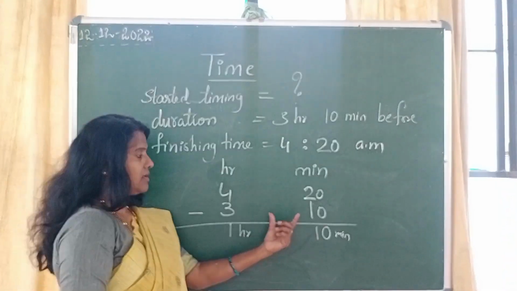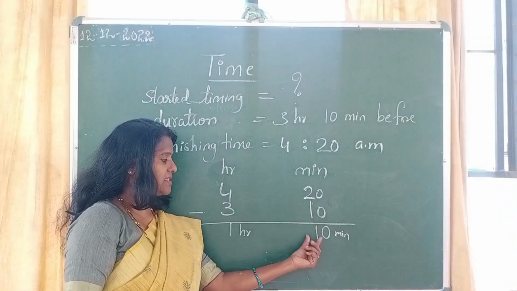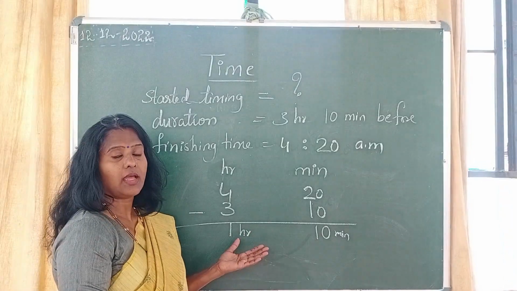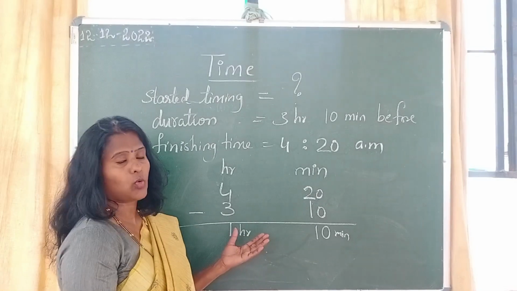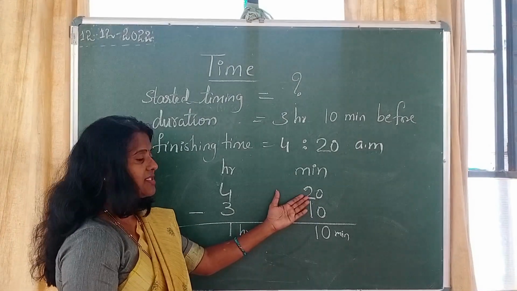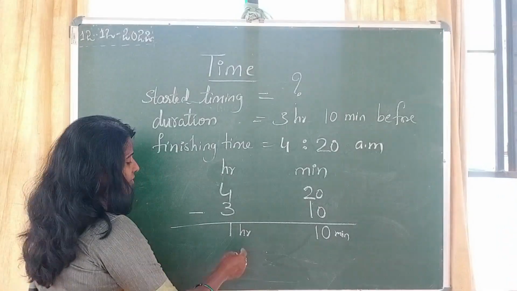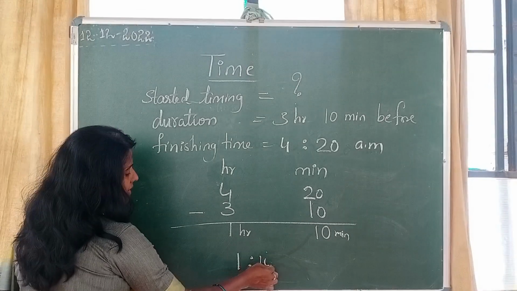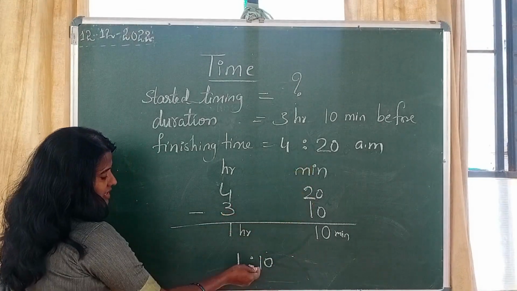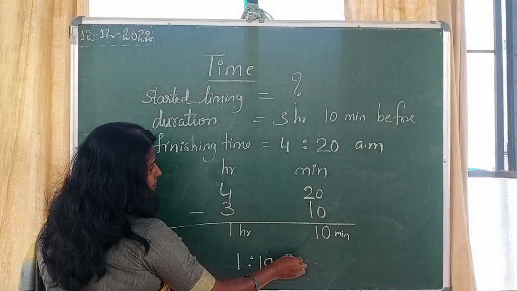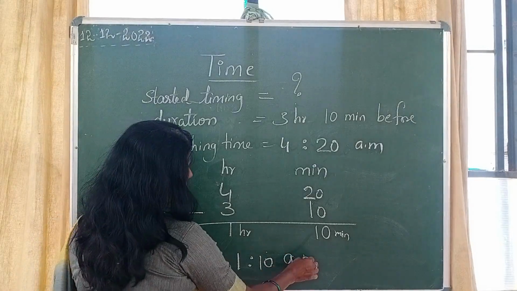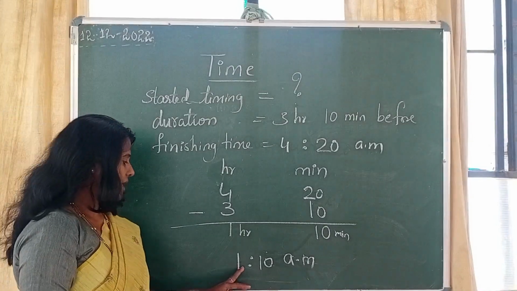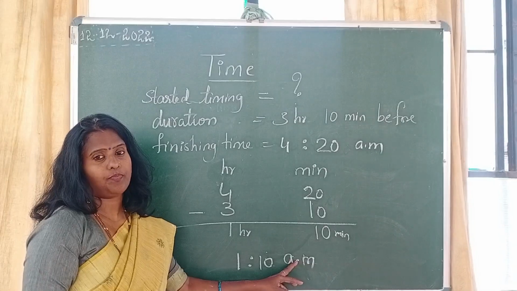See, 20 minus 10 is 10, 4 minus 3 is 1. There is no need to borrow any number, because it is a bigger number, so you can easily subtract. Therefore, at what time did it start? 1:10. This is AM, no? Even this is also in AM only, because we are going back from 4:20 AM, so it is also 1:10 AM.